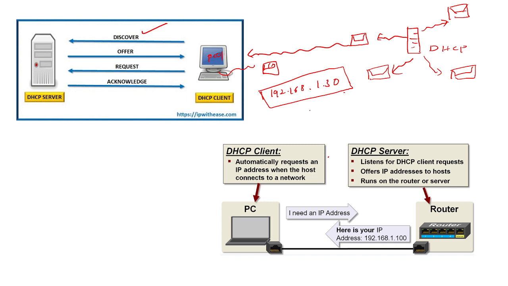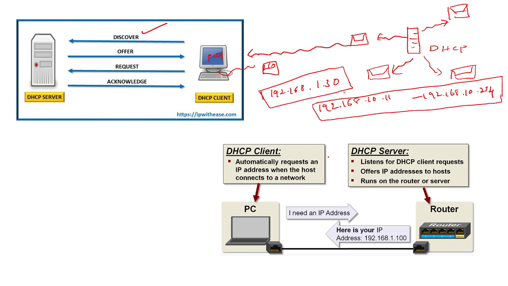He will say, I have the range 192.168.10.11 to 192.168.10.254. He gives the complete range of IP addresses. Giving the complete range of IP addresses, we call it offer.